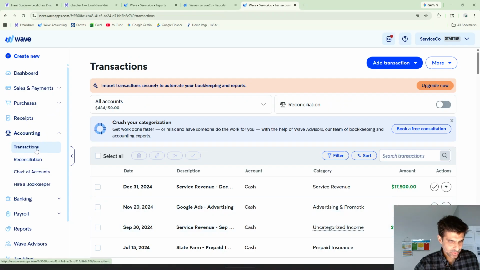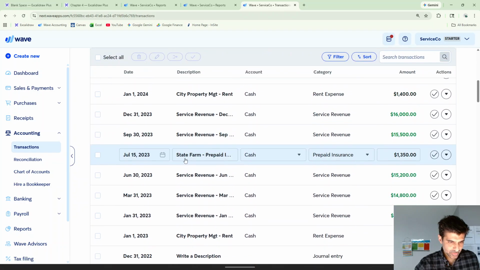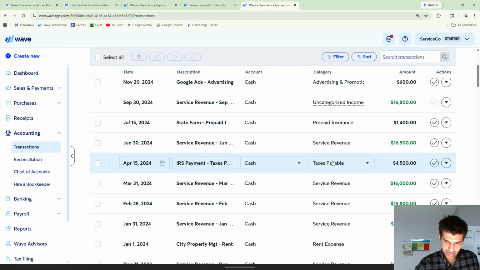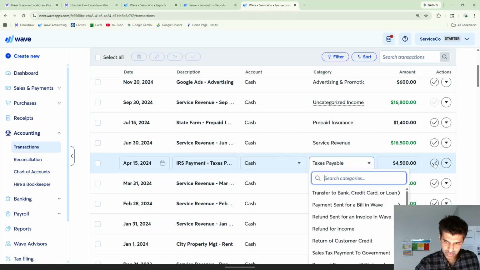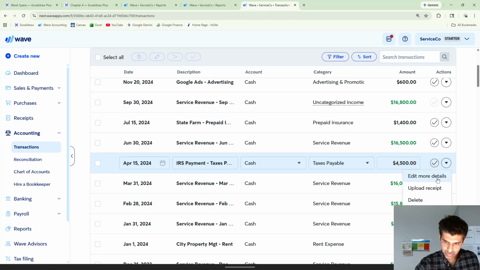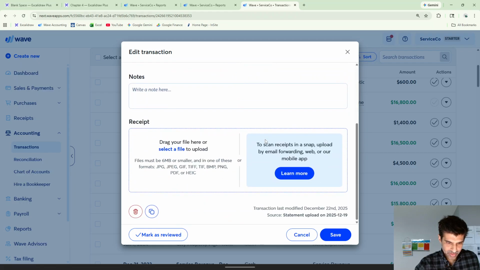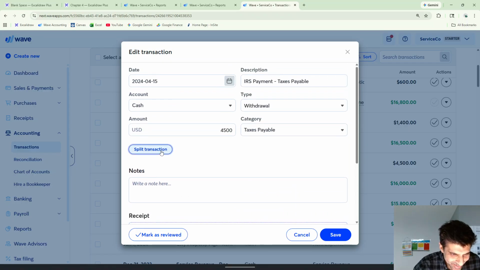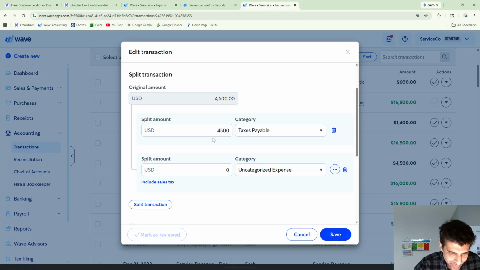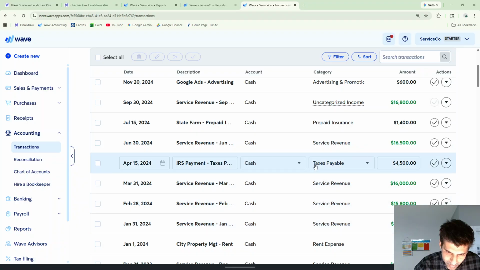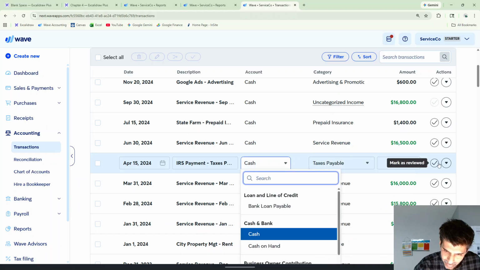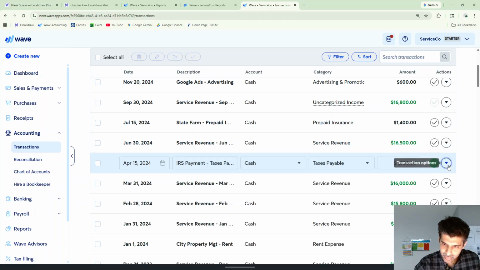So let's go back to our transactions. 4/15/24. I don't have to go back. I don't know how to change this now. Let's see. Edit. Okay, anyways, I'll fix this.